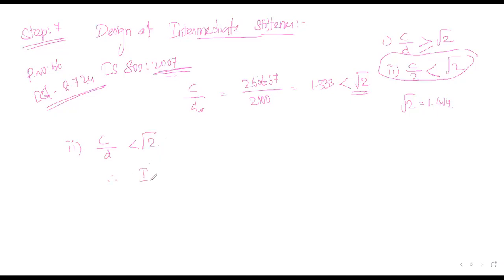Therefore, our Is value is greater than or equal to 1.5 into D cube into tw cube divided by C square. So I have to calculate this value. 1.5 into D, which is the depth of web, 2000 mm, and the thickness of web is 10 mm, divided by C square, the spacing between the stiffeners.